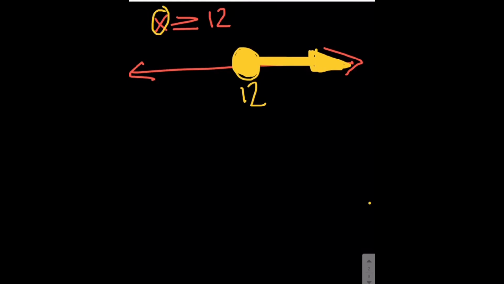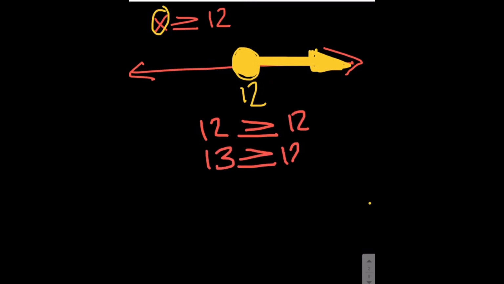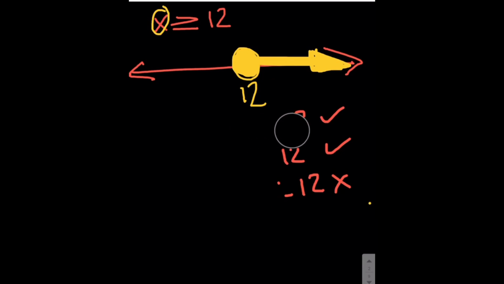This closed circle indicates that 12 could be one of the solutions, because 12 is greater than or equal to 12, remember this line is equals. It could be 13 because it's greater than or equal to. But it cannot be 11, because 11 is not greater than or equal to 12. This is false. So hopefully that makes sense, and you use that closed circle if your inequality has that equal to symbol.